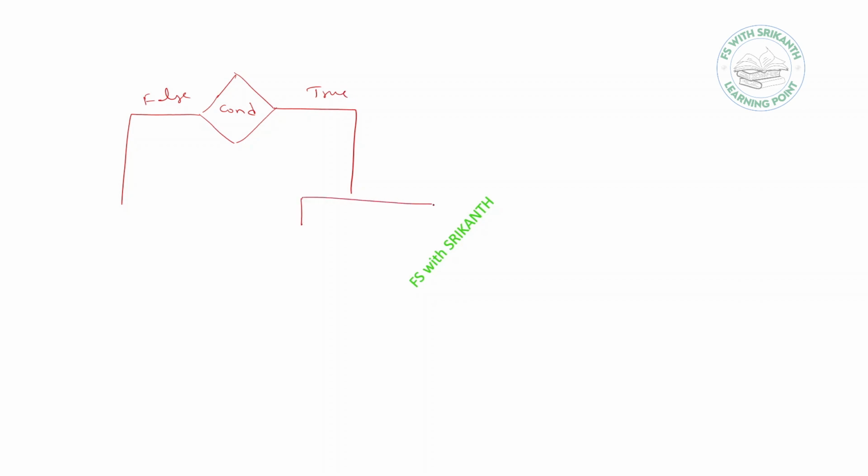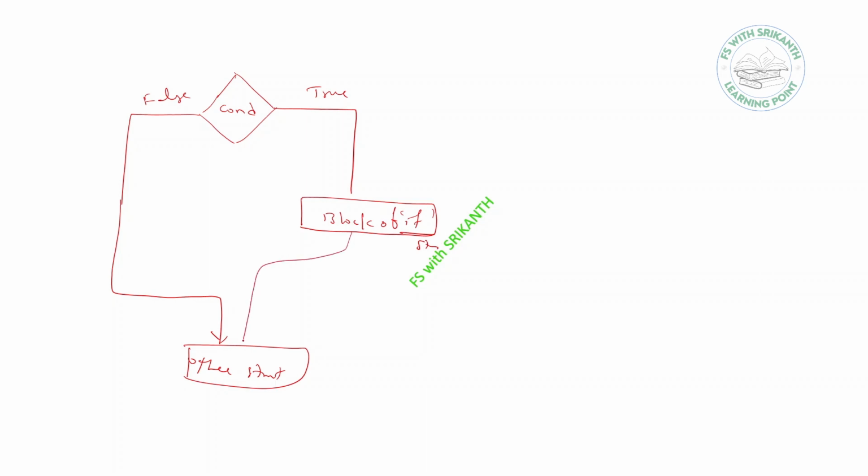If the condition becomes true, it executes the block of if statements. If the condition is false, it jumps to other statements. After executing the block, it jumps to the next statements. If the condition is false, it goes to the next block directly.